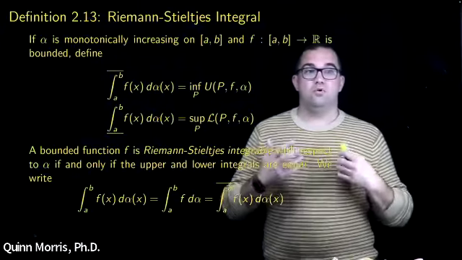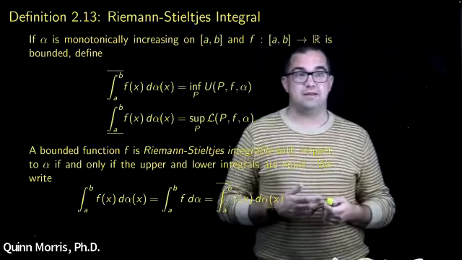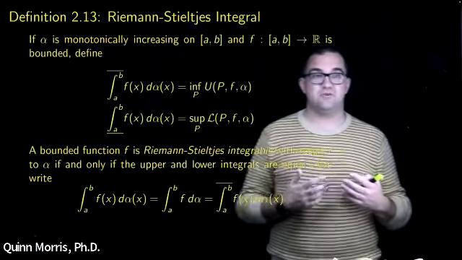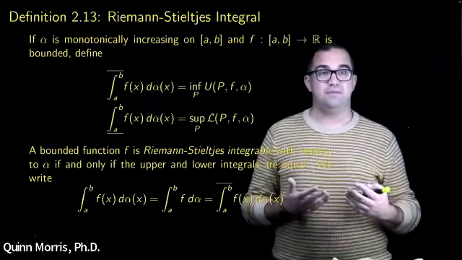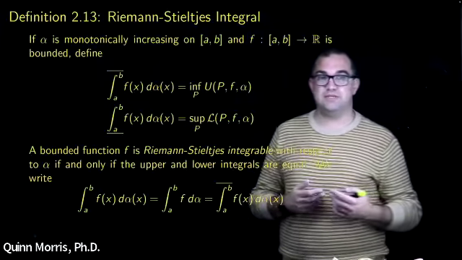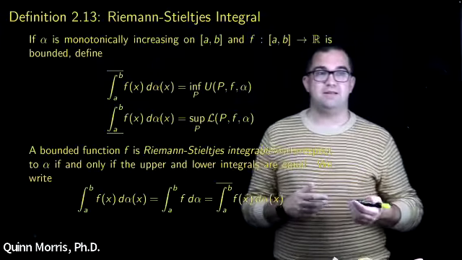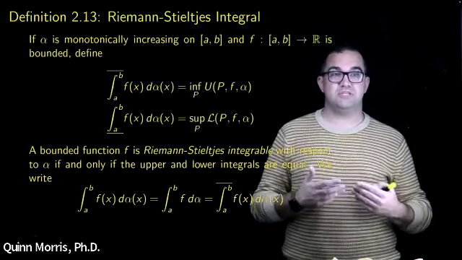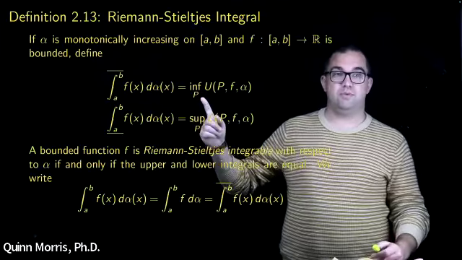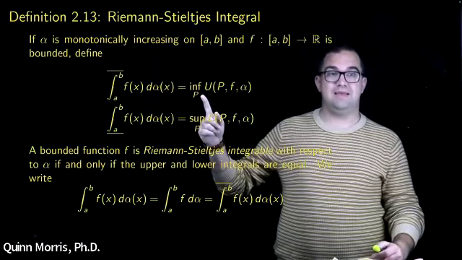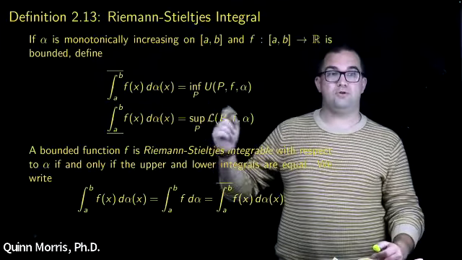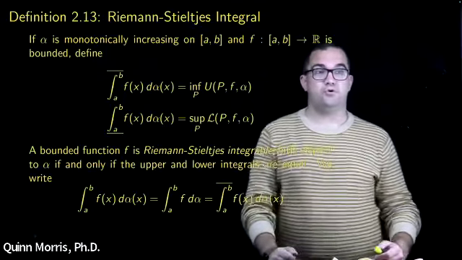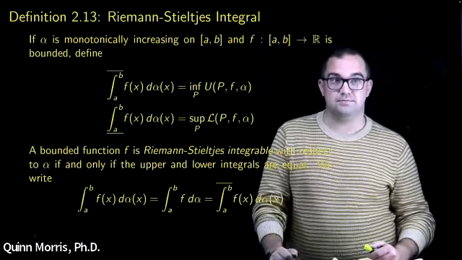All right. Once I have this, I can now define an upper and lower Riemann-Stieltjes integral in exactly the same way. So if alpha is monotonically increasing and f is bounded, then the upper integral is going to be the infimum over all partitions of the upper Darboux-Stieltjes sums.